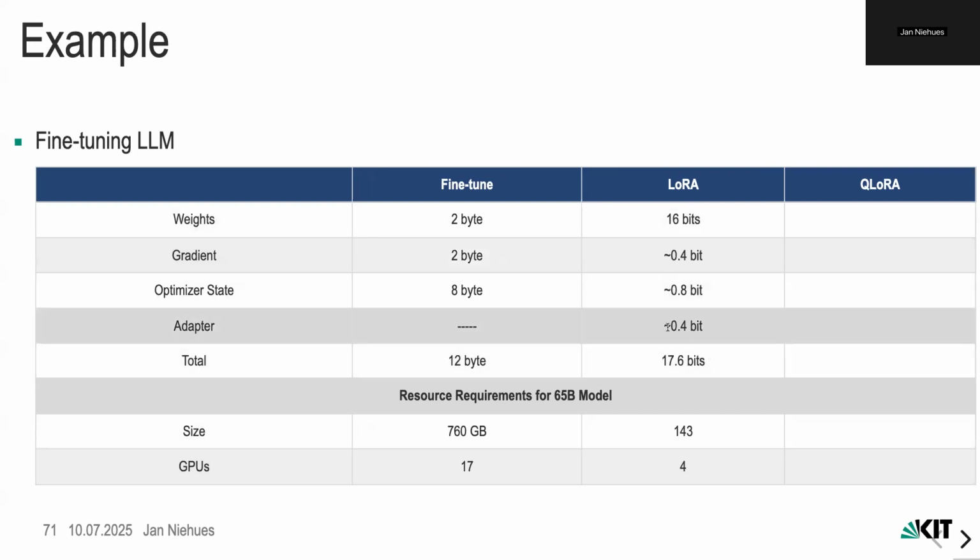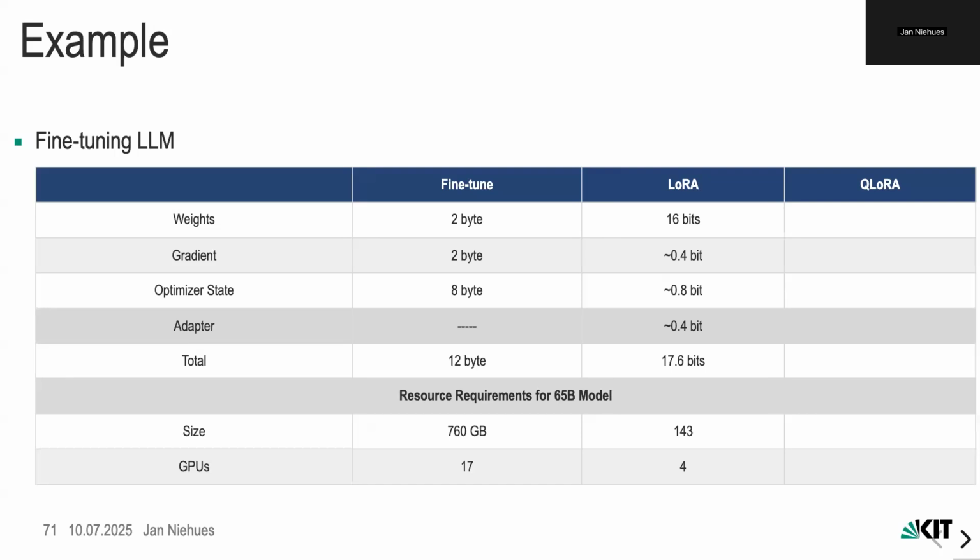Compared to the original weights, you roughly have 0.4 bits for each weight for an additional weight on the adapter. And then you have to store the double for the optimizer and for the gradient also. So we are going from 12 bytes per input weight to 17.6 bits.